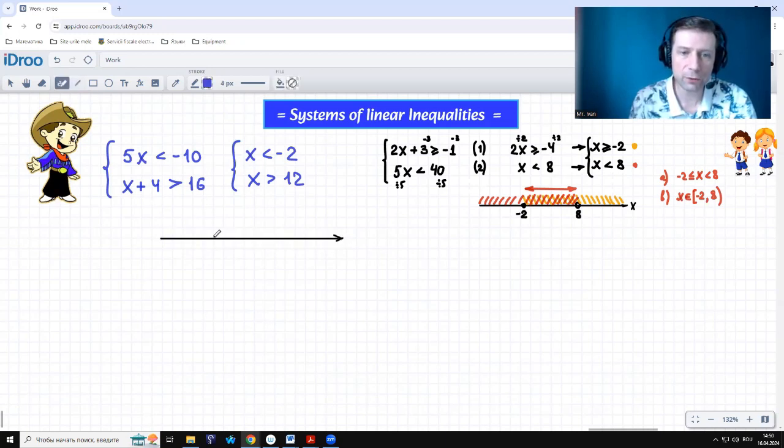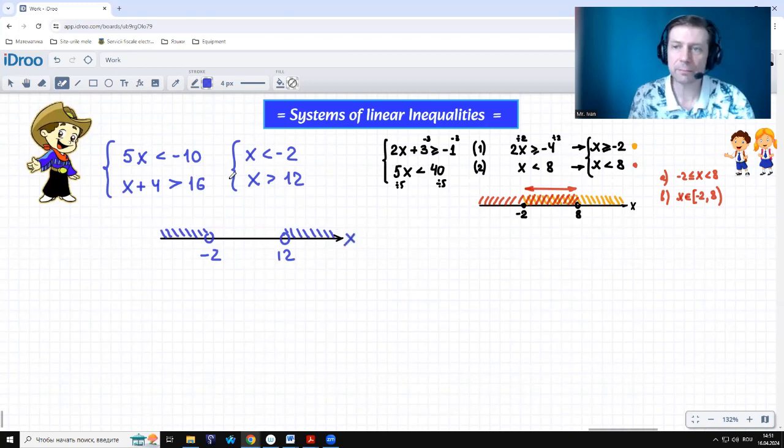Since -2 is over there, blank dot, -2, positive 12 is somewhere over here, scale doesn't matter, and what we need, less than -2, it's there, to the left of -2, greater than 12, to the right of 12.